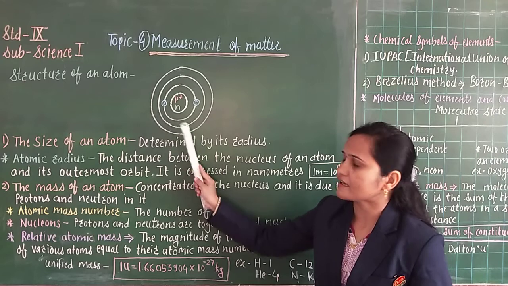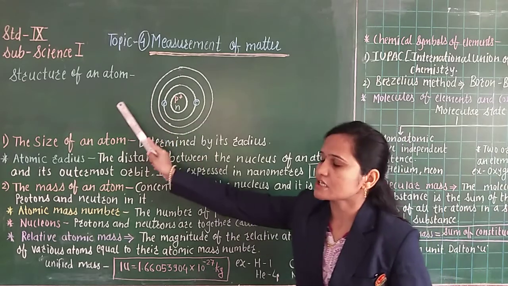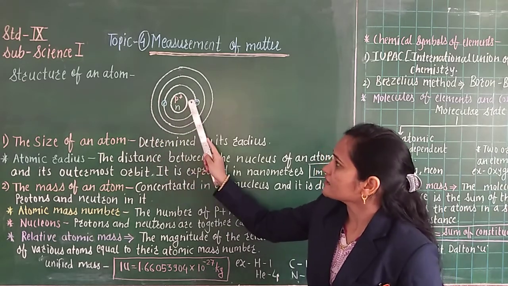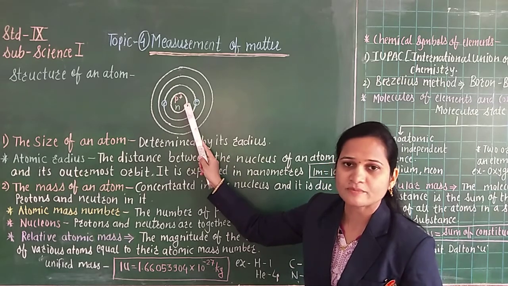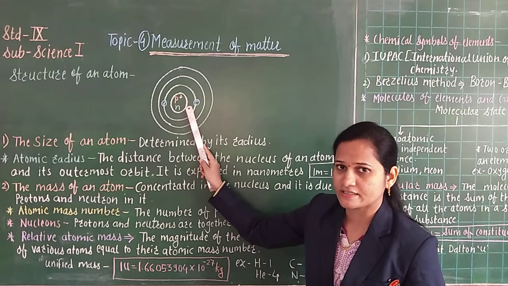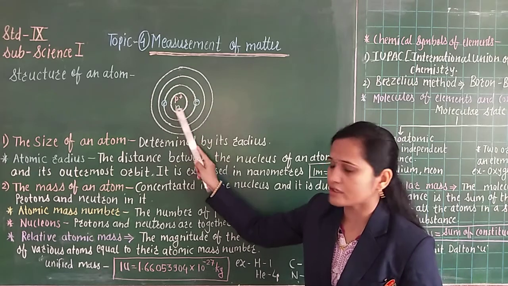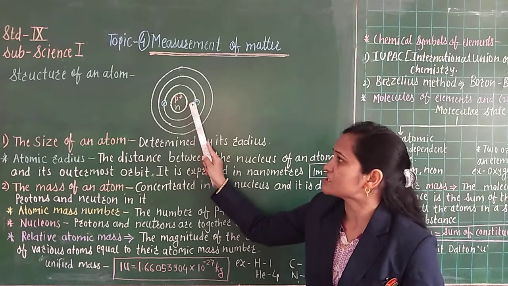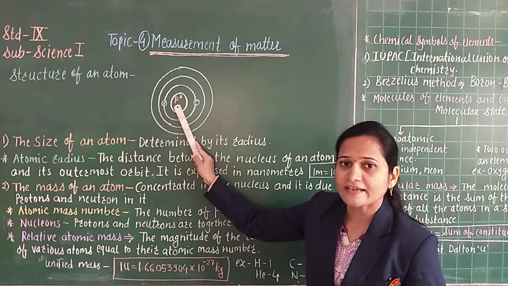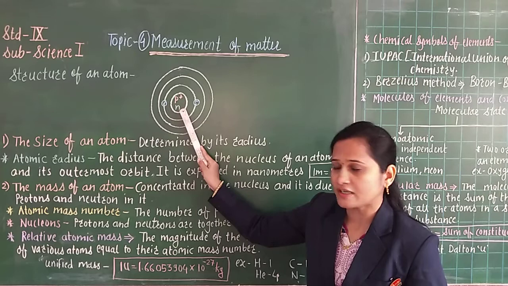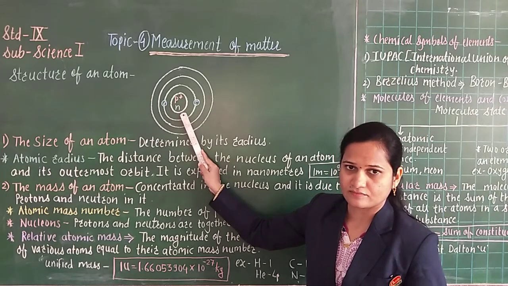At the center of an atom, the nucleus is present. In this nucleus, positively charged protons are there and electrically neutral neutrons are there.